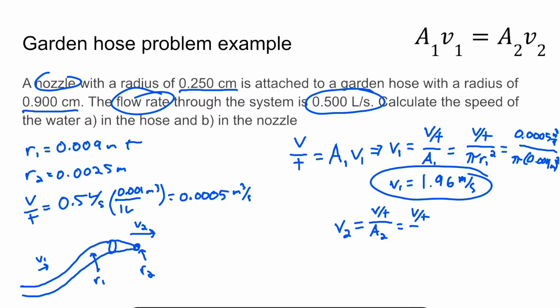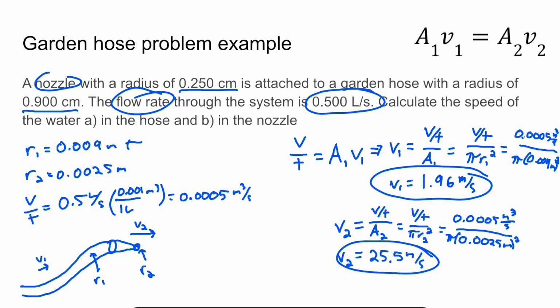So this will be our volume flow rate divided by pi times the radius of the nozzle squared. So that'll be 0.0005 meters cubed per second divided by pi times 0.0025 meters squared. And that'll get us a velocity in the nozzle of about 25.5 meters per second.